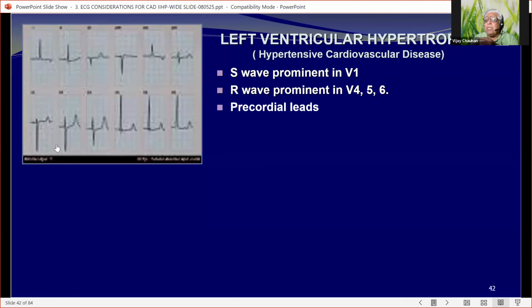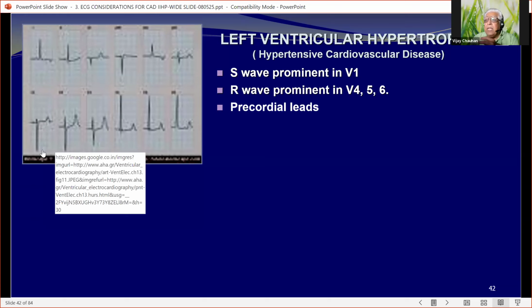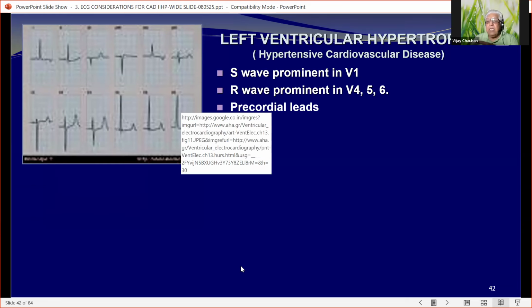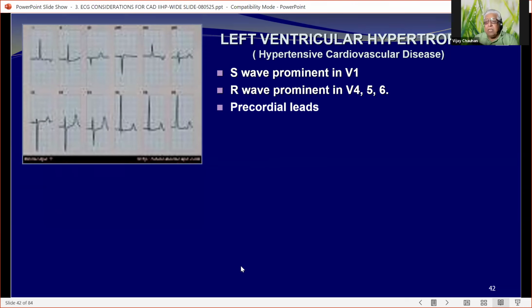And then we look at lead V1, we find the S wave is deep, and in V6 the R wave is far superior. So this points to ventricular activity. So our confirmation goes in favor of left ventricular hypertrophy. So S wave is prominent in V1, R wave is prominent in V5, V6, and V4.